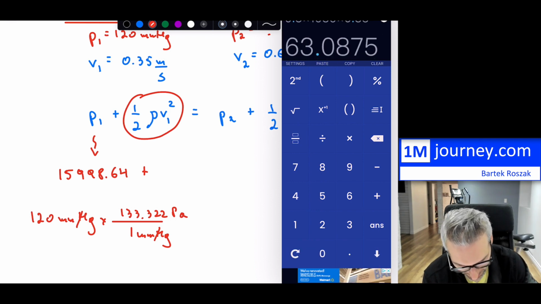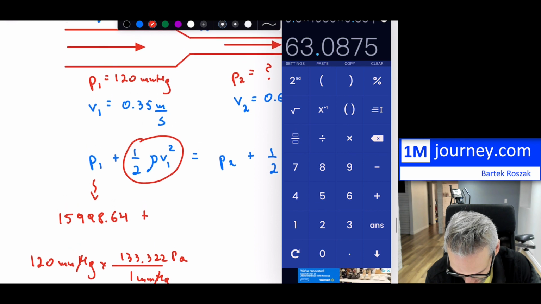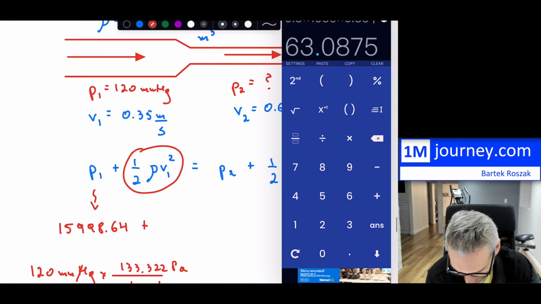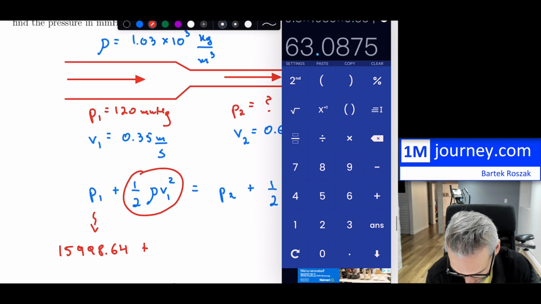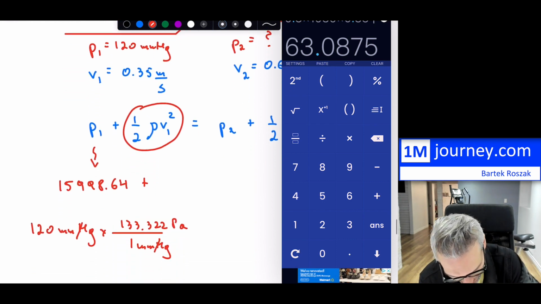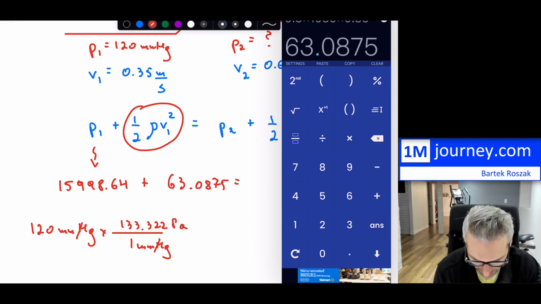That's actually super tiny. Within here, this is meters, and it's squared. So that additional term is 63.0875, so it's not going to make that big of a difference.